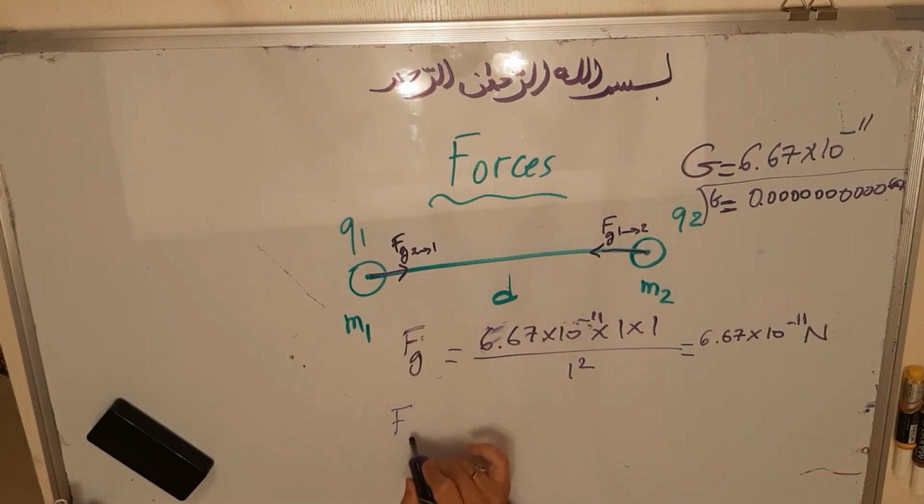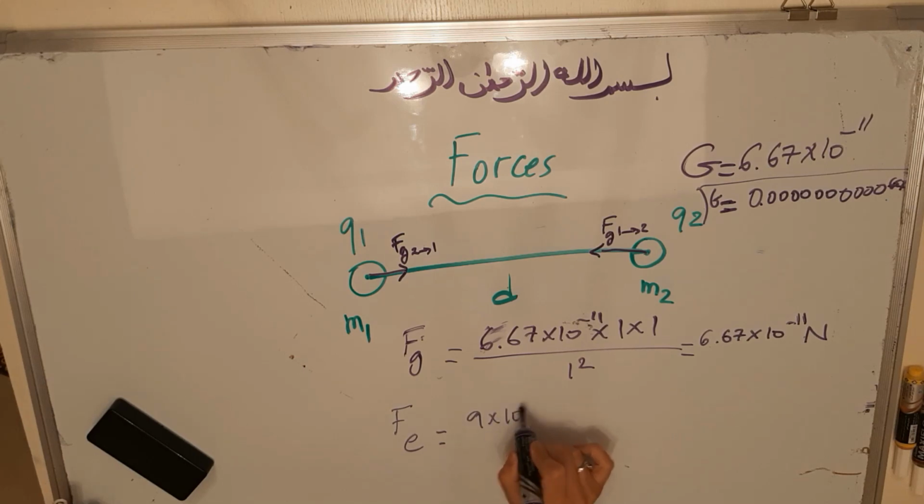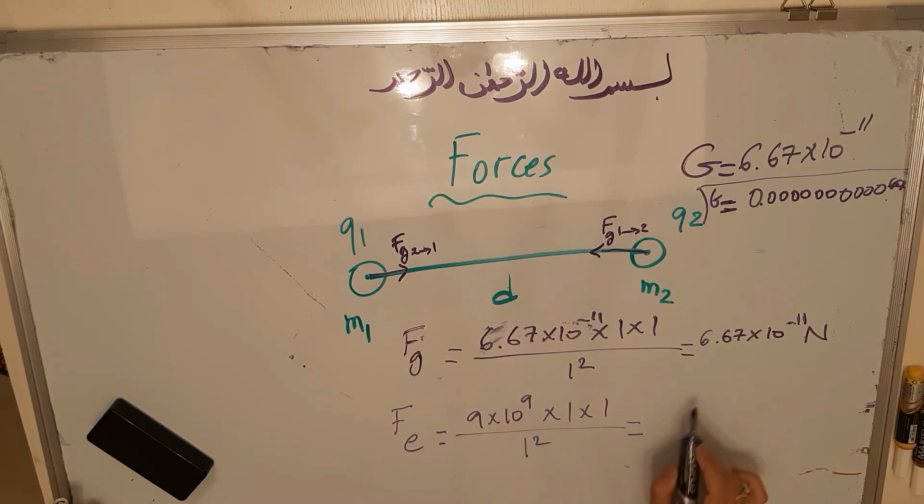And then F electric, let's say, is going to be 9 times 10 to the power of 9 times 1 coulomb times 1 coulomb over 1 squared. This is going to be 9 times 10 to the power of 9 Newton. Isn't this scary?